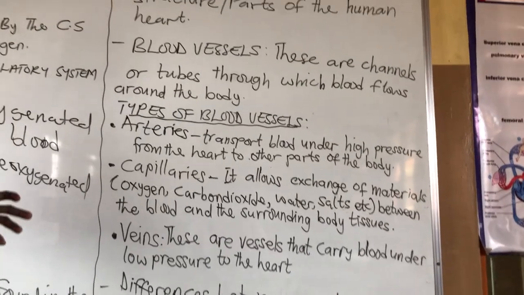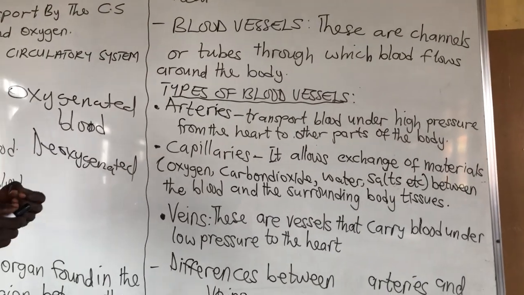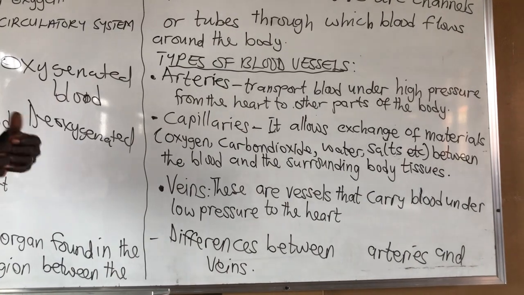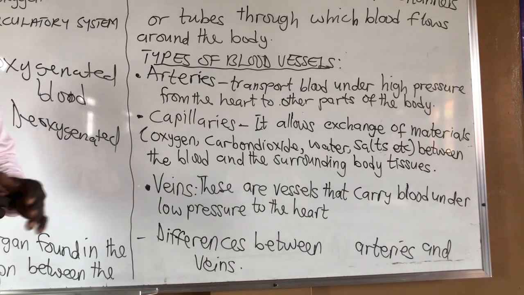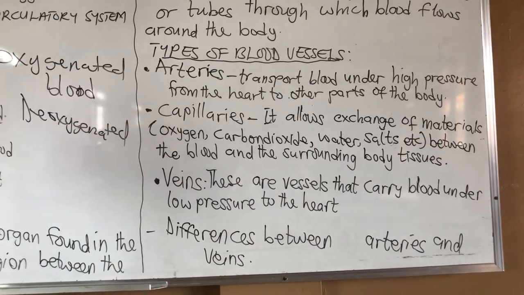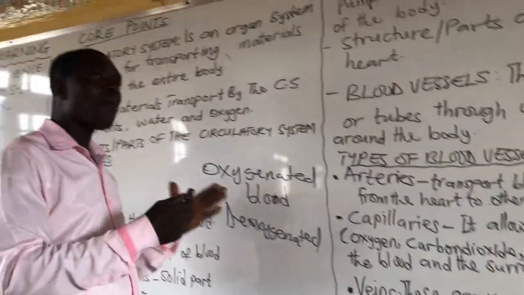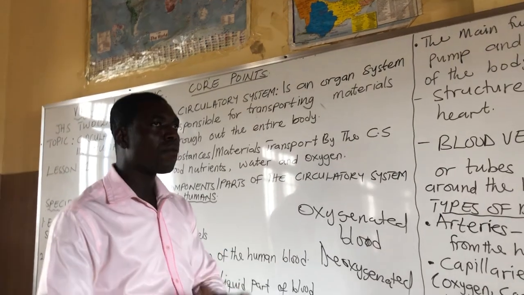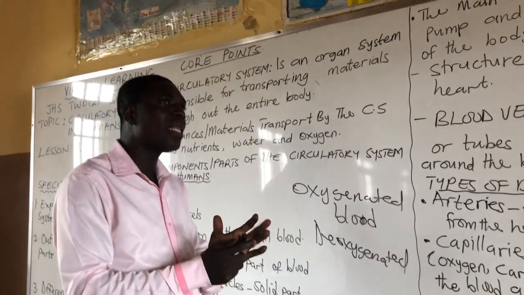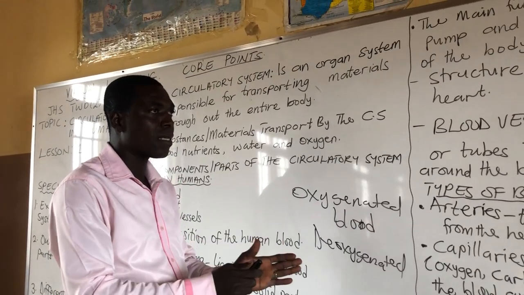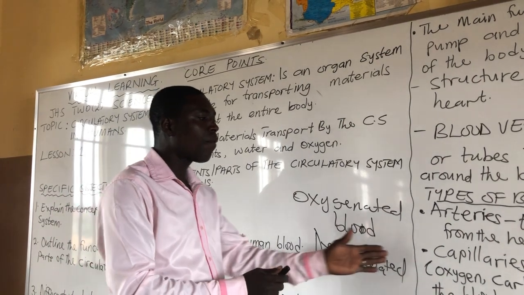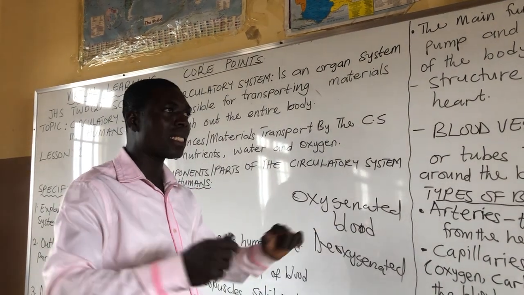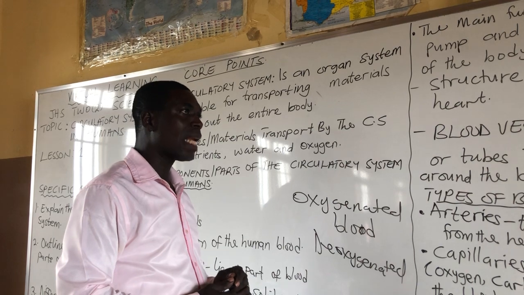The movement of blood from all parts of the body to the heart is under low pressure. So this is what we can say about the differences between the arteries and the veins, which are the two main parts of the blood vessels. But we have the capillaries, which connect the two together.